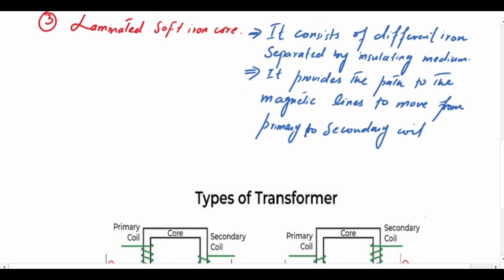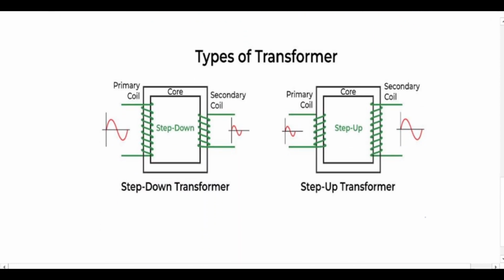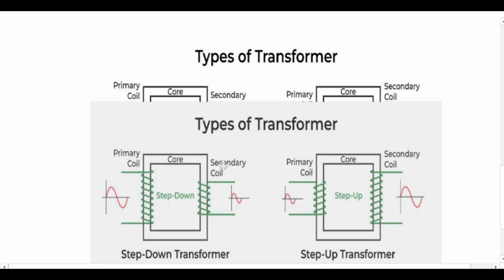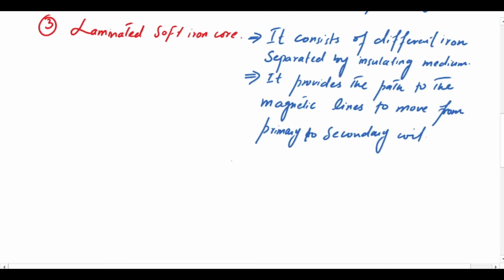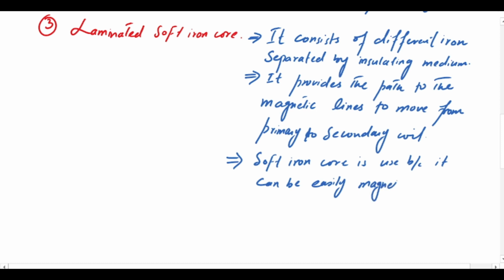And why are we using the soft iron core? इसको भी हम नीचे कर लेते हैं. The soft iron core is used because it can be easily magnetized and demagnetized.